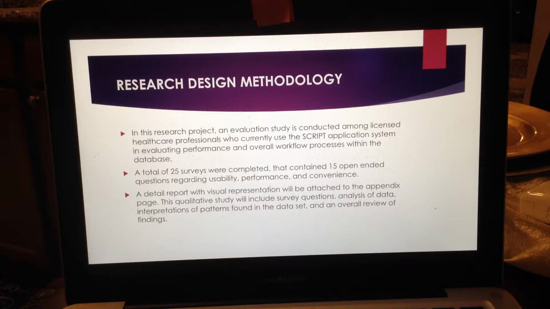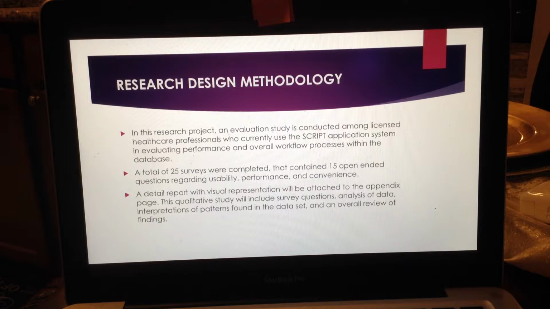Within my population group, the 25 surveyors consisted of both men and women working in the main hospital in South Carolina. Based on my agreement with the supervisor, we agreed that I will not be discussing or naming the hospital specifically during the project process.